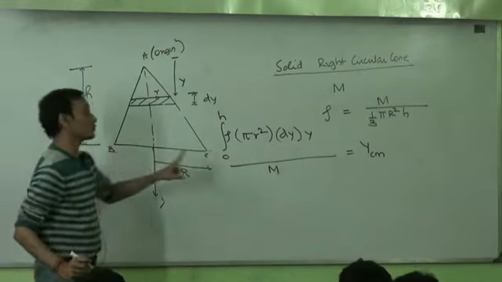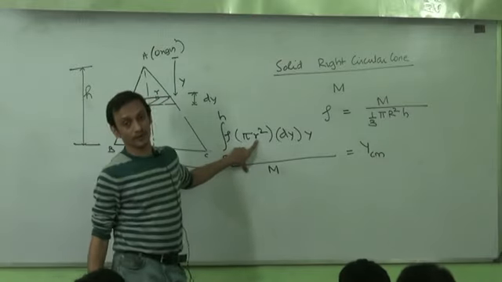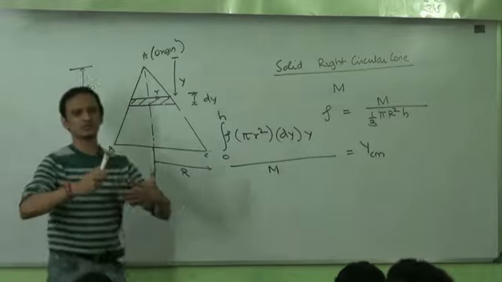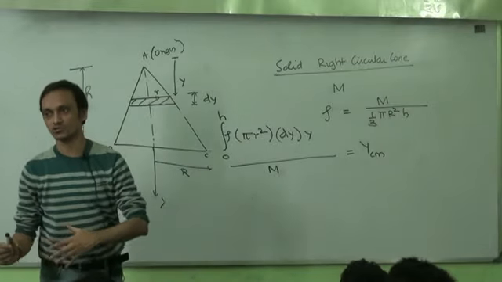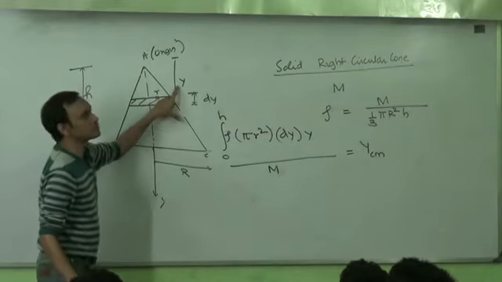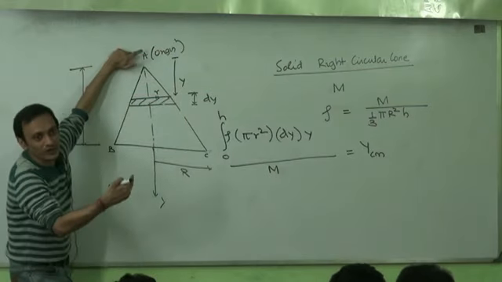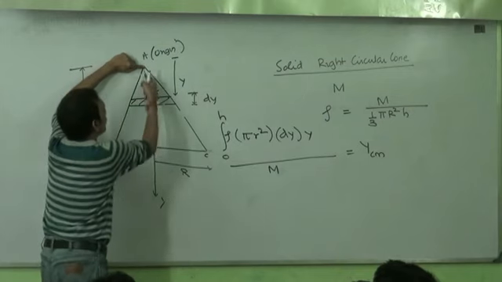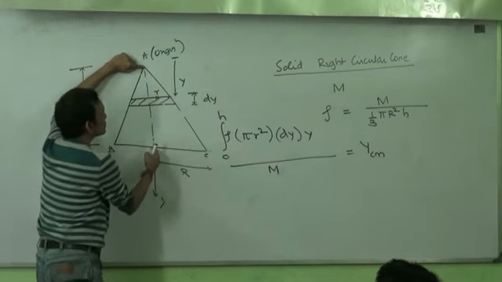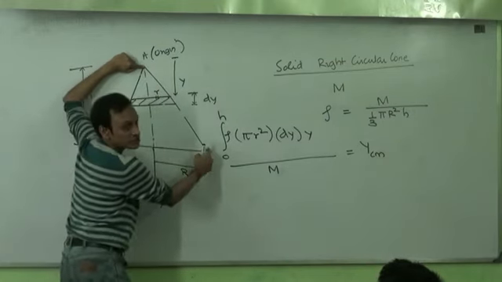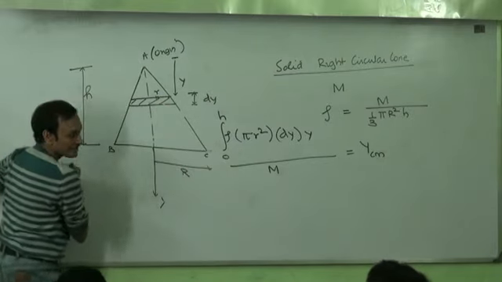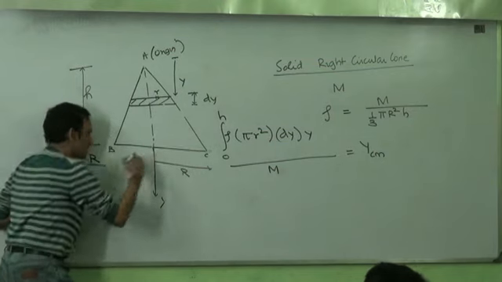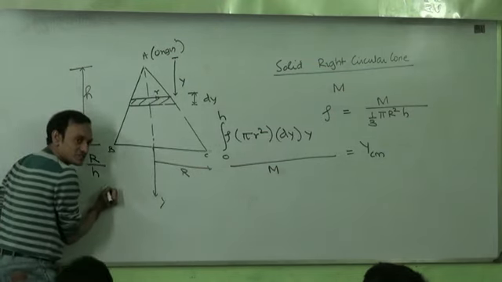Now, what is the small r in terms of y? Use the shopkeeper's method. Find small r in terms of y. That's one of the things that you might want to use. Look, when the distance increases in this direction by h, the radius increases by capital R. That means the increase in radius per unit distance that you travel in this direction is R by h.